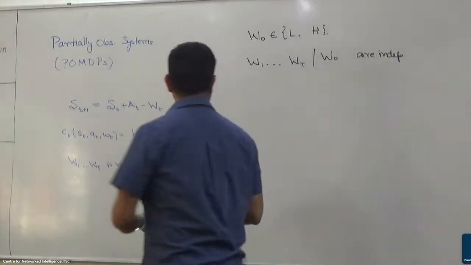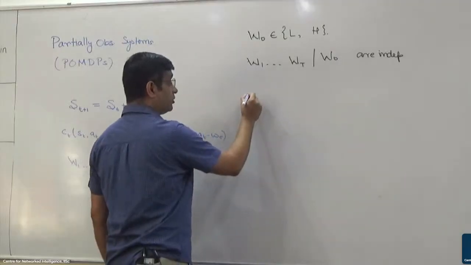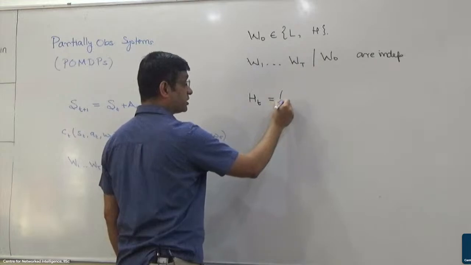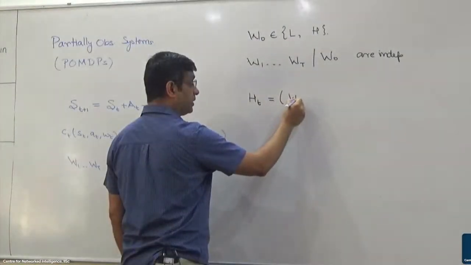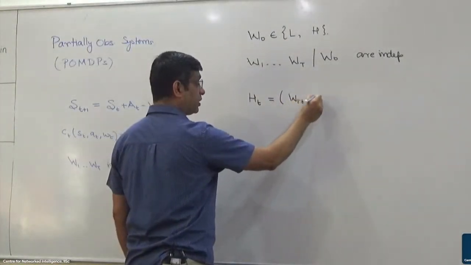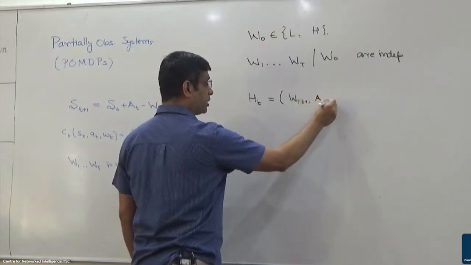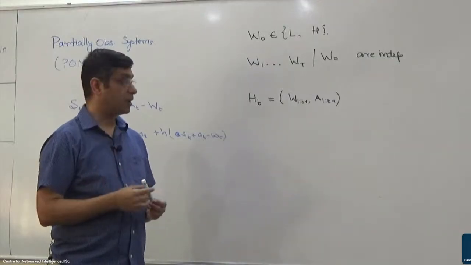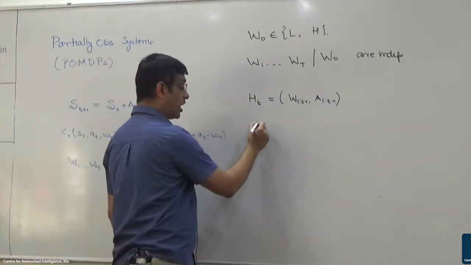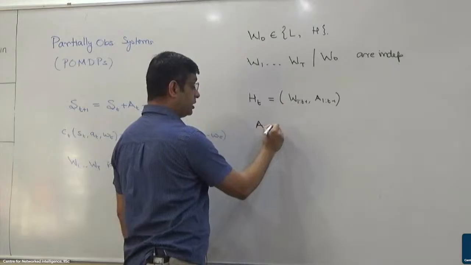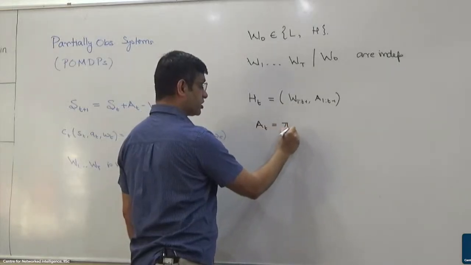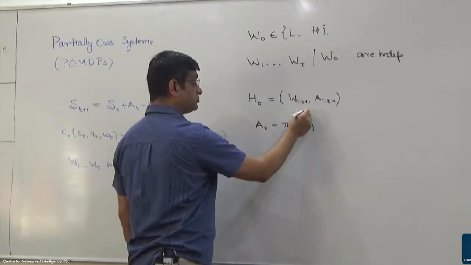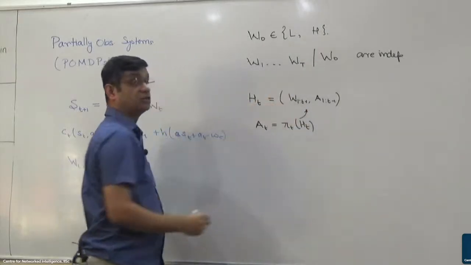And in this case, I'll denote Ht as the history of observations and actions, which in this case would be W1 to t minus 1 and A1 to t minus 1. And the decision problem I'm interested in is same as before. I want to choose At to be some function of the history at time t. What has changed is that this history is this. In particular, it does not contain W0.